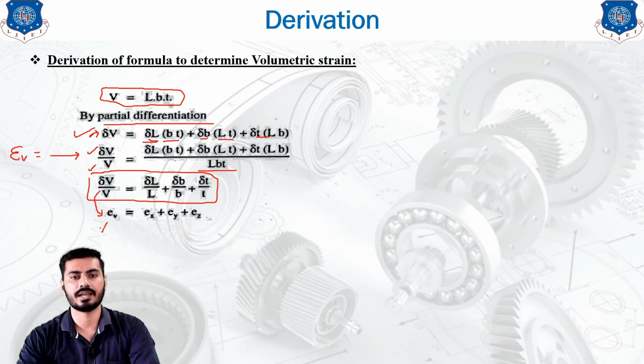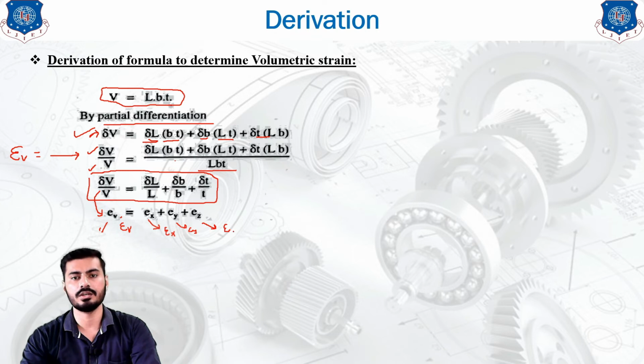So this term, delta V by V, is epsilon V. This is epsilon x, the strain in the x direction or longitudinal direction. This is also epsilon y and epsilon z.